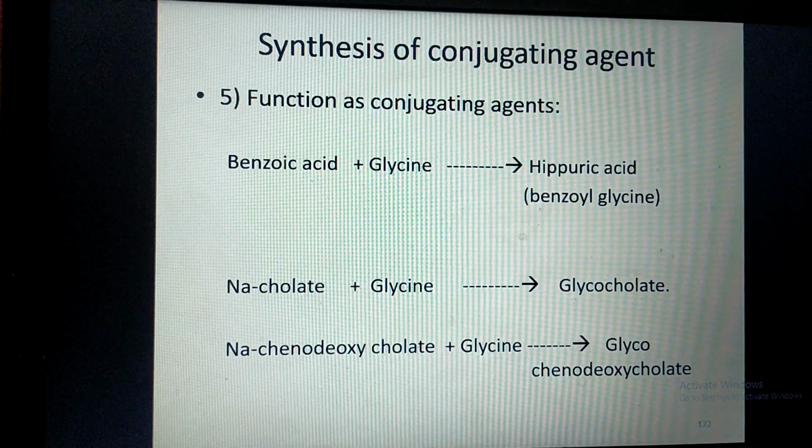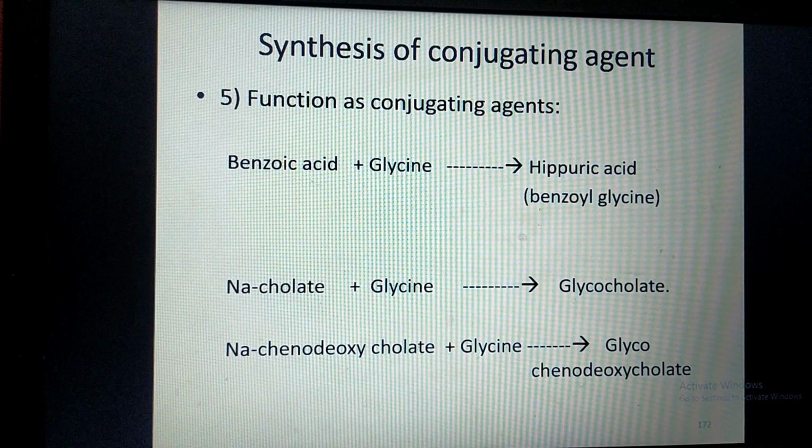Next function of glycine is that it acts as a conjugating agent. Here I have given 3 examples. First is benzoic acid. What is benzoic acid? It is a preservative present in food.